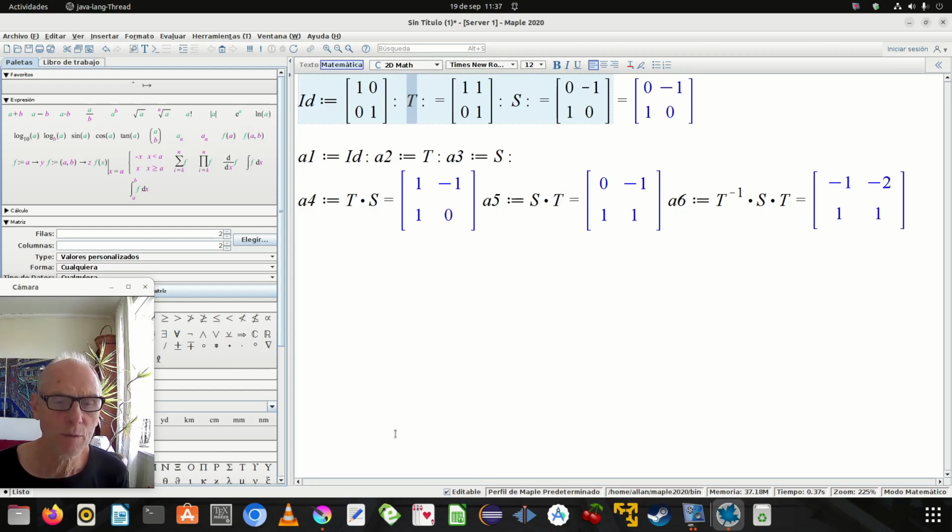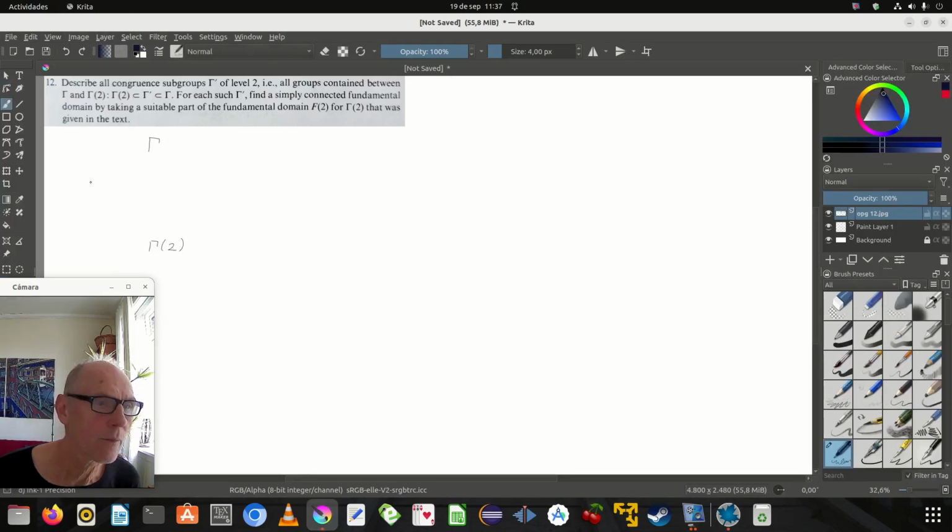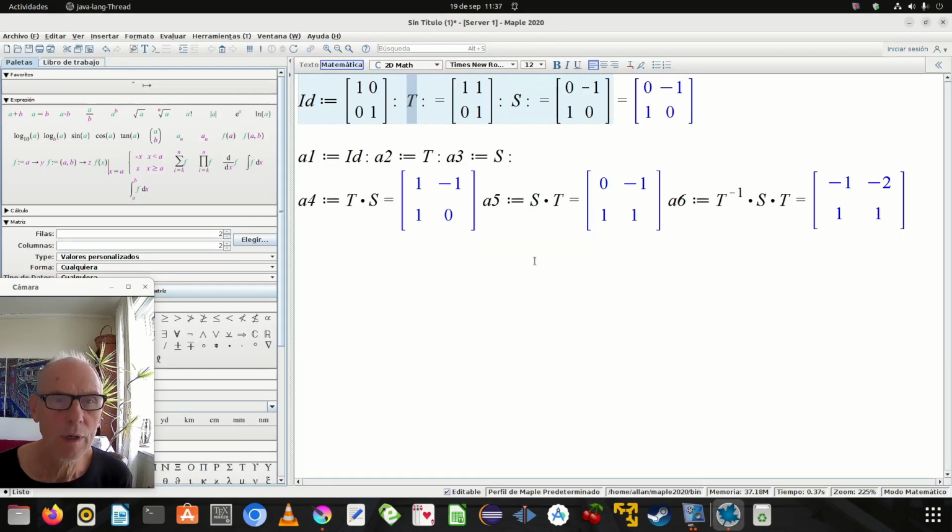So we have one generated by t. And s squared gives unity as well, so we have one generated by s.